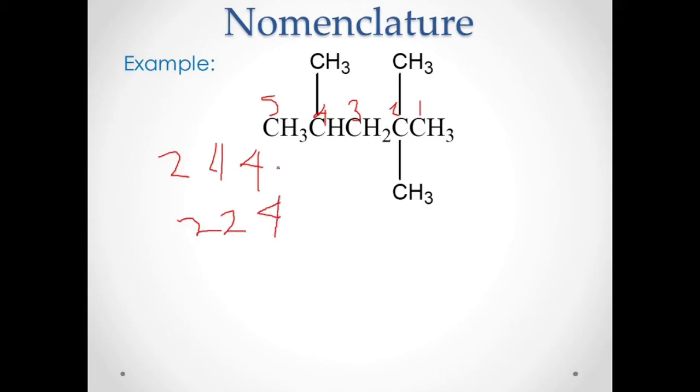Okay, so which of these sets of numbers is smaller? This set of numbers. So the numbering would be that way: 1, 2, 3, 4, 5.